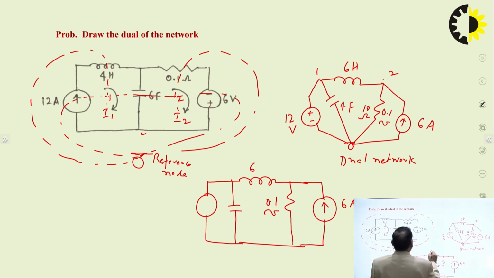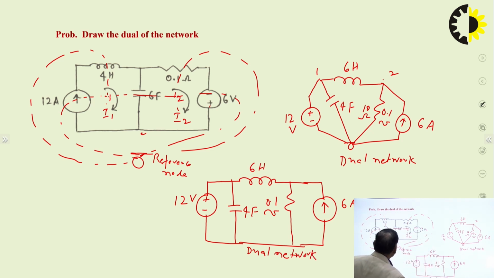This is the 6 Henry and this is 4 farad, and this is the plus and this is the minus, and it is 12 volt. So the magnitude will be same. This is the dual network. This way we can draw the dual of the network.